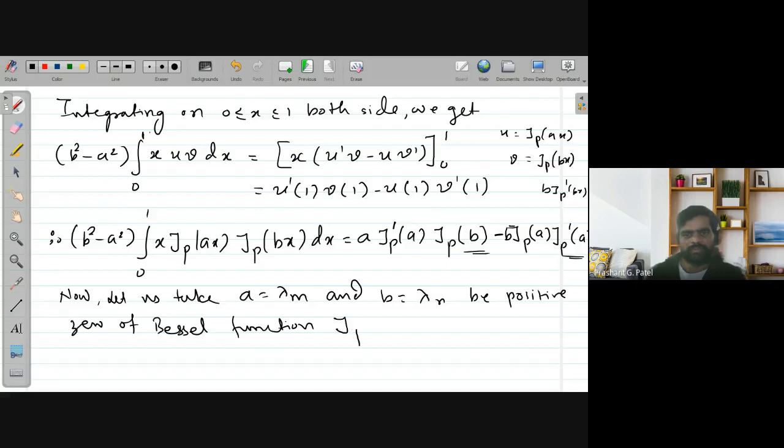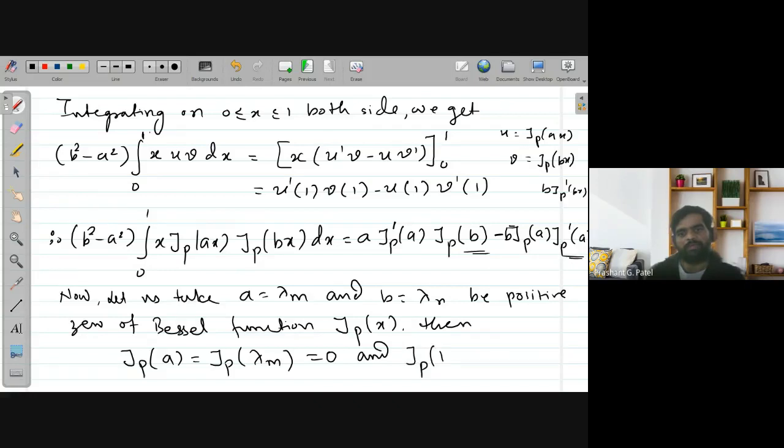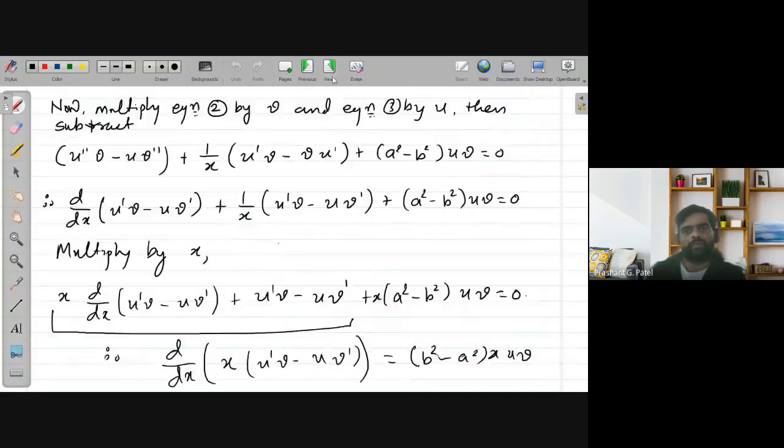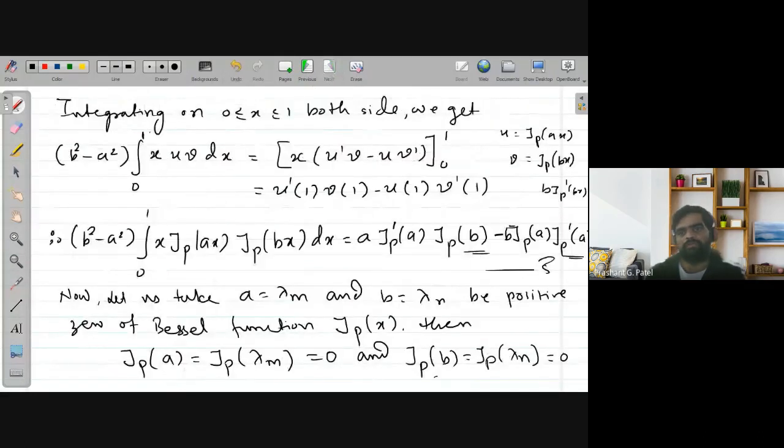Then Jp at a, that means Jp at lambda m is 0, and Jp at b, which is Jp at lambda n, will be 0. I will call this equation number 5 and this both equation as 6.